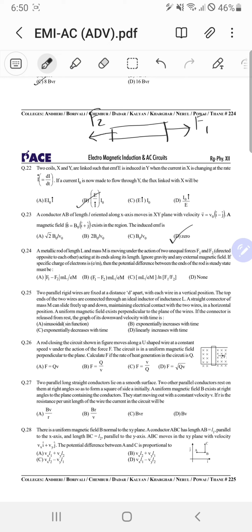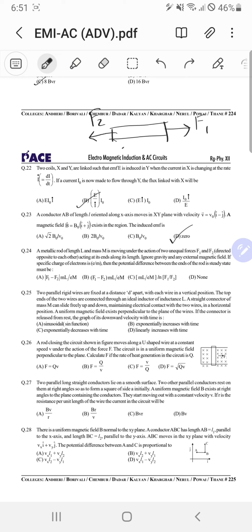Okay, so steady state, that means with respect to this rod, the electrons... Wait, this doesn't make sense. How can you even say steady state? Steady state of what? This guy will accelerate all the time. It's never going to be at a constant velocity.